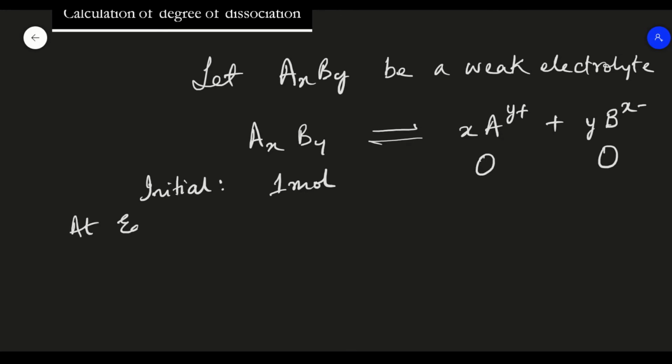So at equilibrium, if alpha is the degree of dissociation, which is the fraction of the electrolyte that has undergone dissociation, the number of moles of the electrolyte left undissociated would be equal to 1 minus alpha, and the number of ions produced after dissociation would be equal to alpha into x and alpha into y.